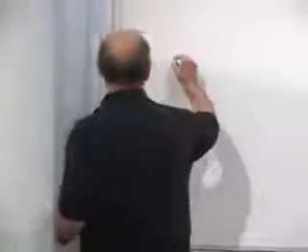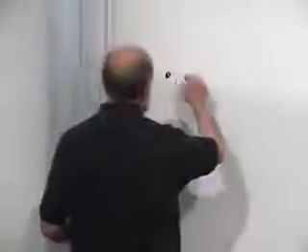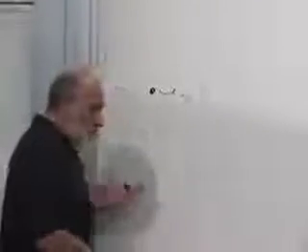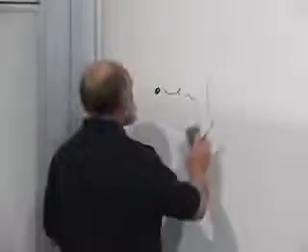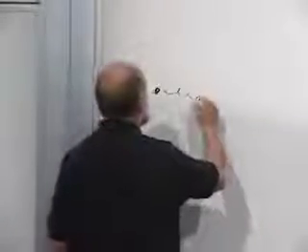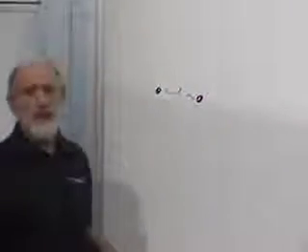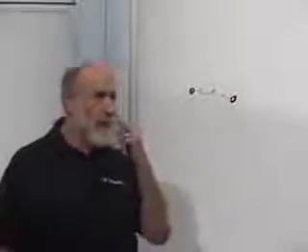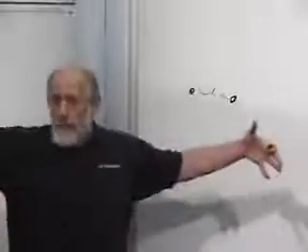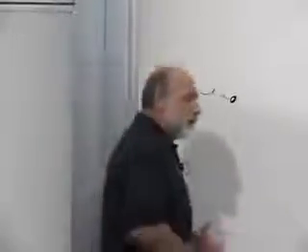Suppose you have a particle on a spring connected to the wall, or 2 particles connected by springs. How does the force depend on the separation between them? The force grows linearly with the separation between them. Of course, until you break the spring, but let's not break the spring.